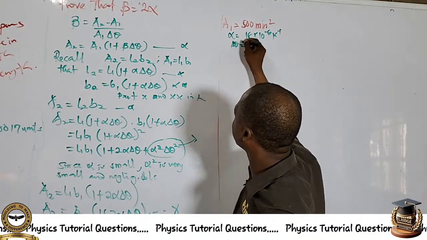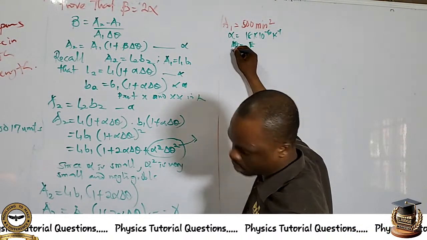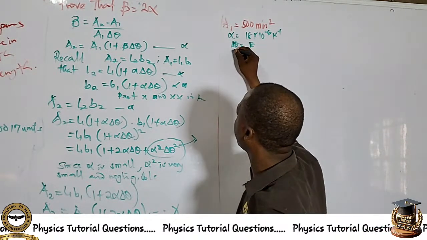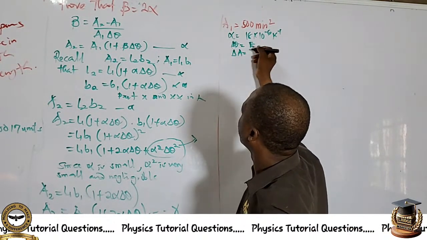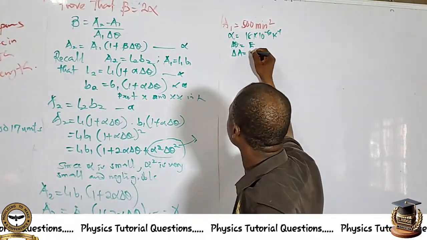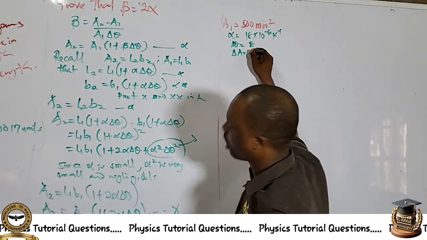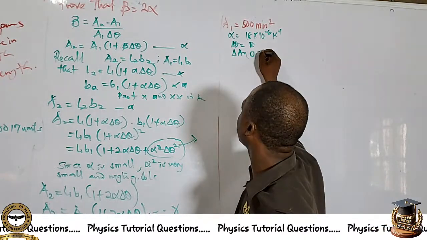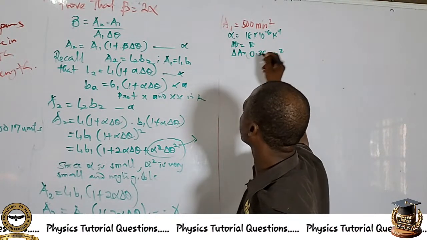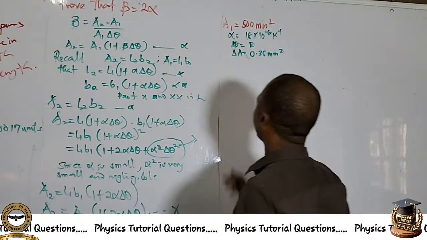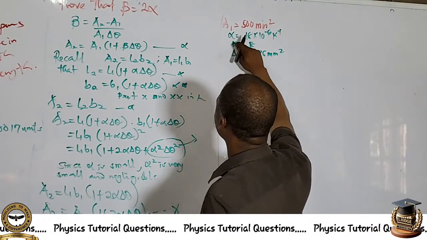The rise in temperature, that's theta. Then we also have the increase in area, change in A, which was given to us as 0.36 millimeter squared. Now, this is a question on area expansivity, and we are looking for delta theta.